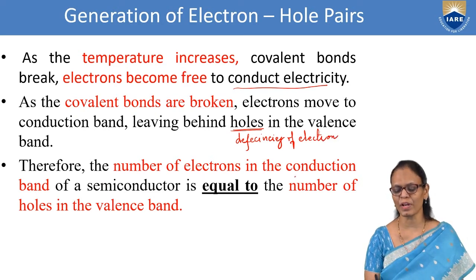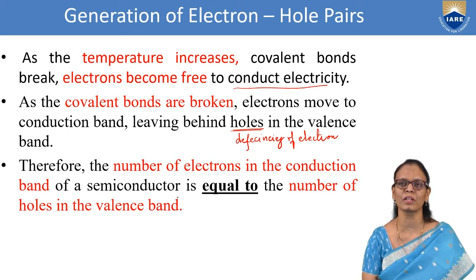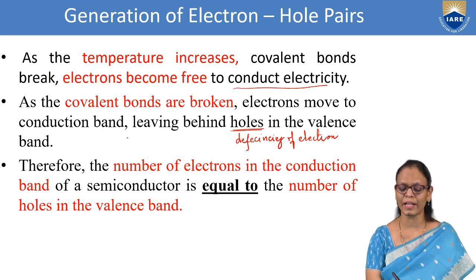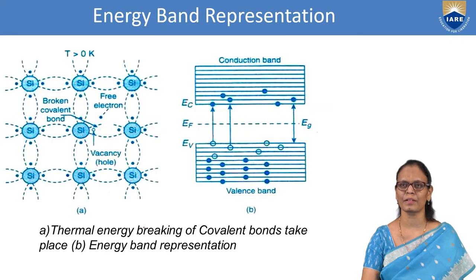Therefore, the number of electrons in the conduction band of a semiconductor is equal to the number of holes. If two electrons move to the conduction band, there are two holes in the valence band. It all depends upon the number of electrons shifting to the conduction band.